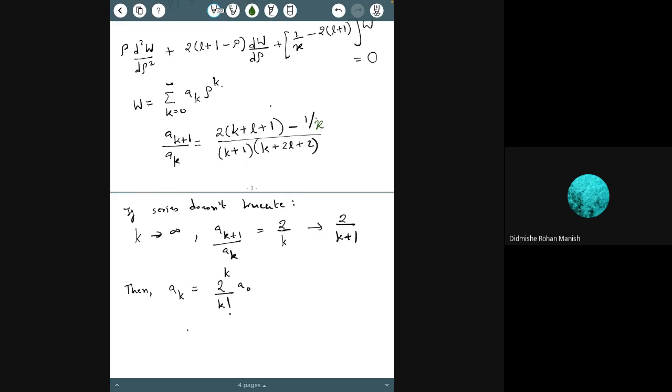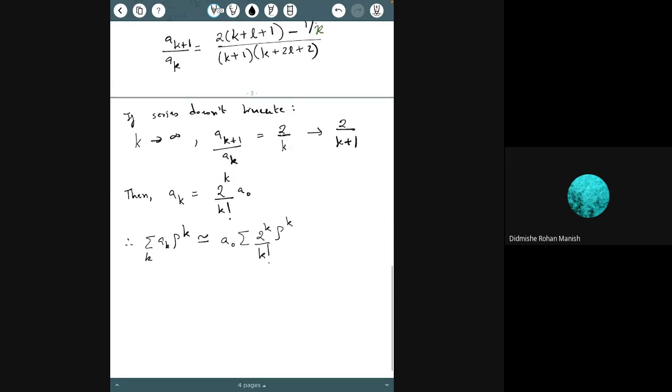And everything else is k. So a_k can then be written in this functional form, and then the series a_k rho to the power k can be approximated as... now this is the full series.